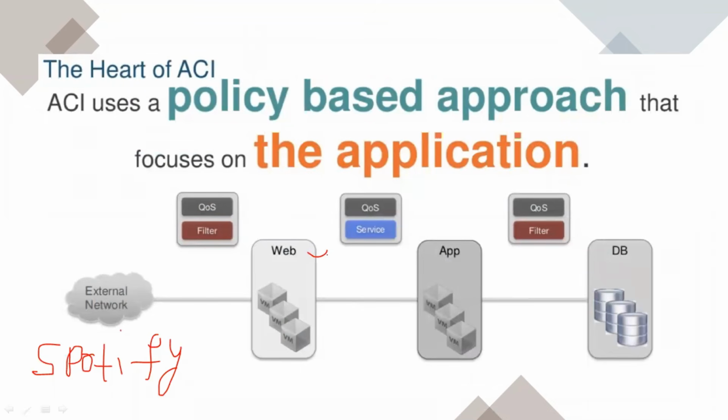On the web server, the user comes on the web server. The web server redirects that traffic to the application server. On the application server, let's suppose you are requesting some song from the app, it will search the database and give that data to the app, and then it will run on the app, right? So that's basically how every application nowadays is built on a 3-tier architecture, which is web, app, and DB, right? So the user logs into the web, and then web to the app, and then app to the database.